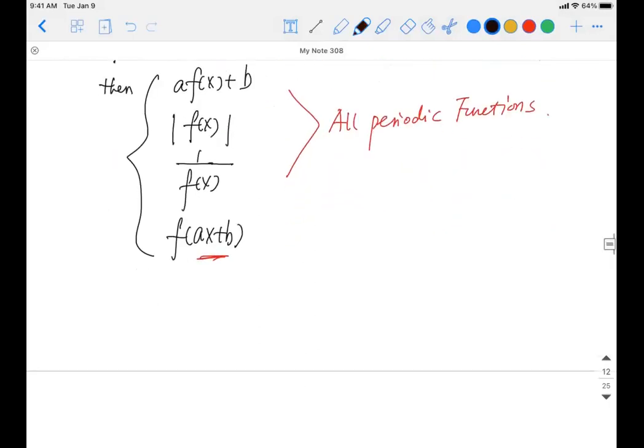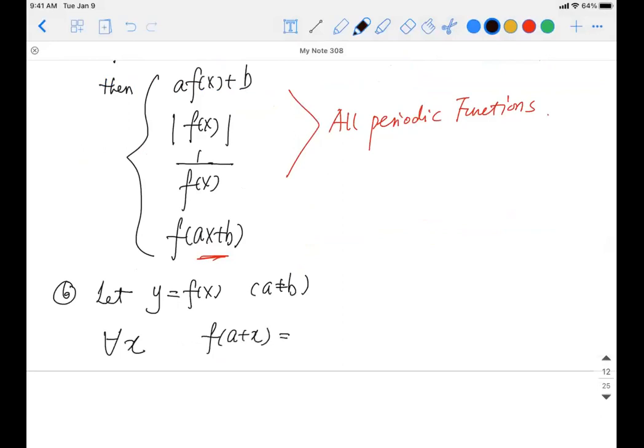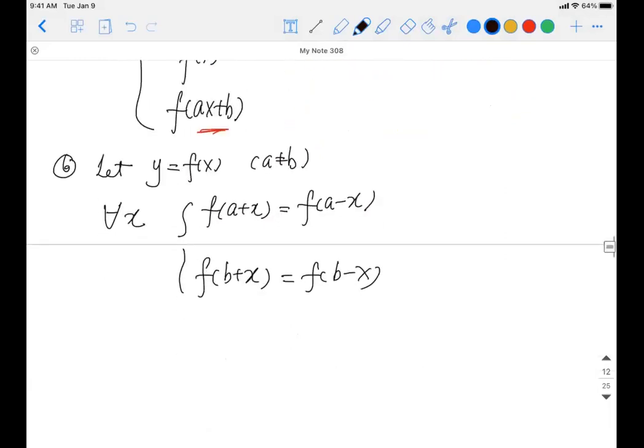Number 6. We let y equals f(x). A is not equal to 0. If for any given x, you have f(a plus x) equals f(a minus x), and f(b plus x) equals f(b minus x), where a and b are not the same, okay? For a function, you have two values, a and b.